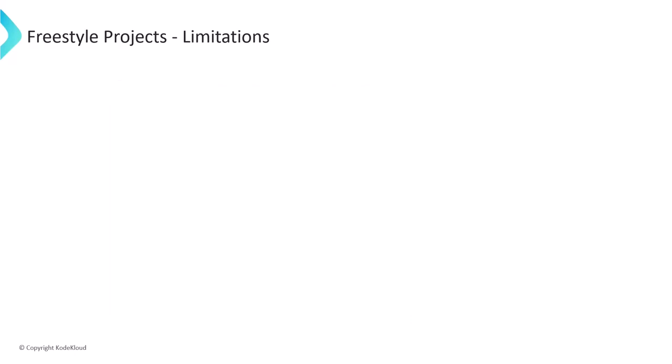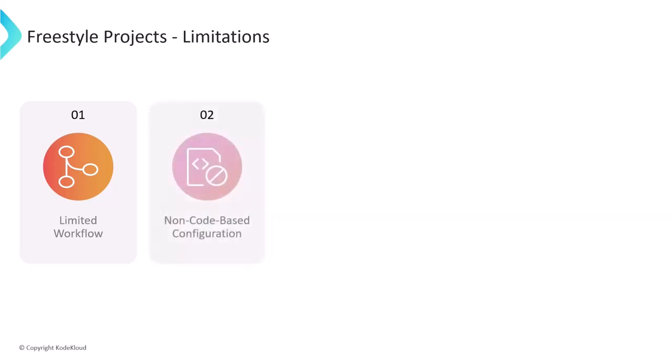So talking about the limitations, freestyle projects can only define steps in a simple sequence, even though they can be linked together via upstream and downstream jobs. Configuration happens entirely through the graphical user interface, making it less flexible and centrally manageable.